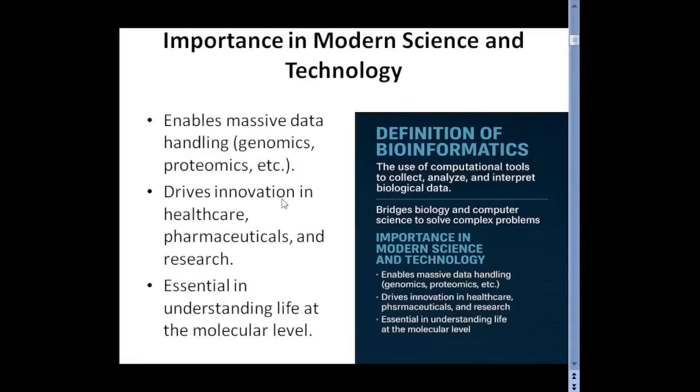Then it is also going to be a driver for innovation in healthcare, not only in healthcare, also in pharmaceutical companies as well as in modern research. So we can actually see some of the importance of bioinformatics to technology. Then the next one is essential.